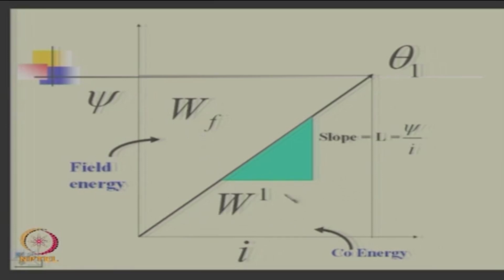You are aware this is energy, co-energy, energy plus co-energy is psi into I. Now, this slope is L, which is psi by I. So, you find this area, you call it the co-energy, and this area you call it the energy, right. This you are aware of, magnetic field.